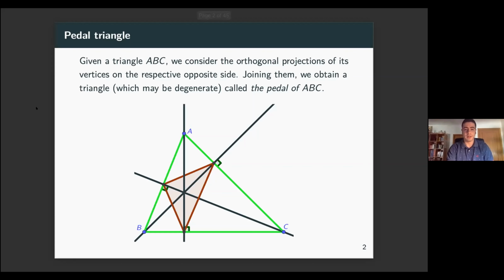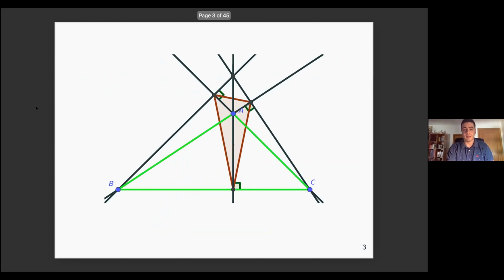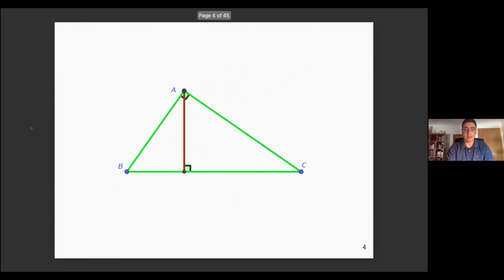Over here is an example of the pedal of an acute triangle, the pedal is in brown, of an obtuse triangle, and here is the pedal of a right triangle. In this case, two of the projections coincide, and so our triangle degenerates into a segment.